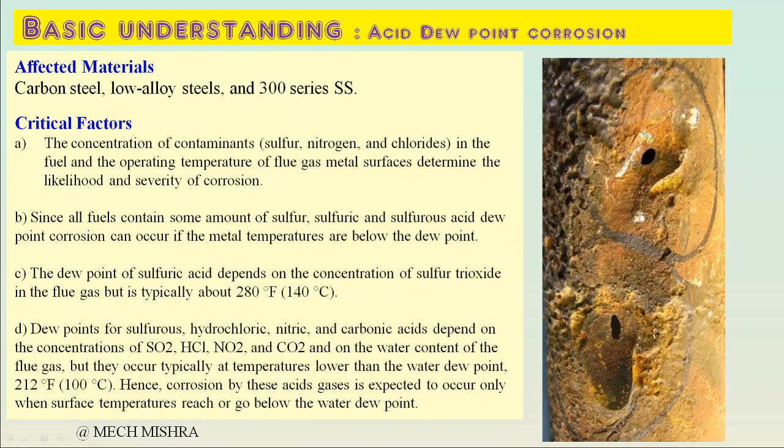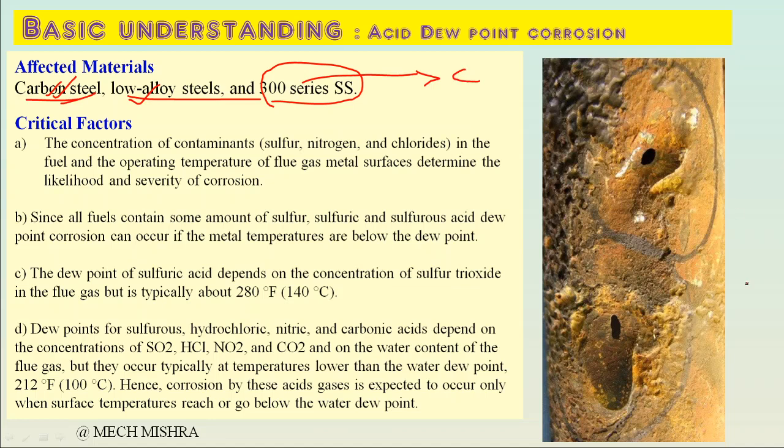Now what are the affected materials? Basically carbon steel, low alloy steel and 300 series stainless steel are affected. Here we can see pitting corrosion, general corrosion, and shallow pitting in both carbon steel and low alloy steel, and in 300 series steel we can see chloride stress corrosion cracking if my stream has chlorides.